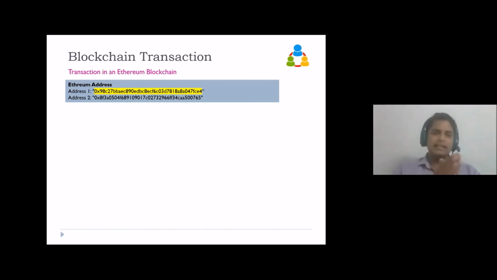The address will look like this. It's a long string starting with 0x, indicating hexadecimal values. Actually, it is base 16, I think.